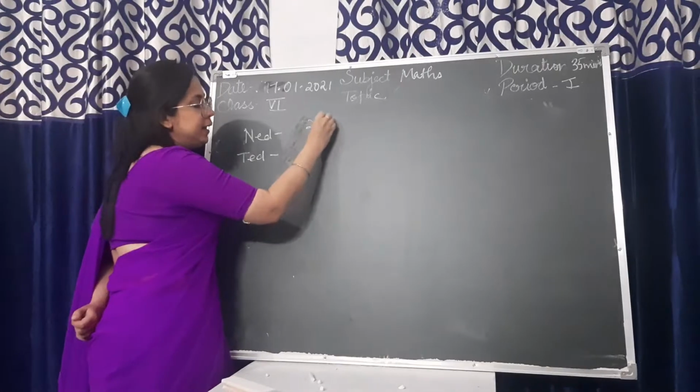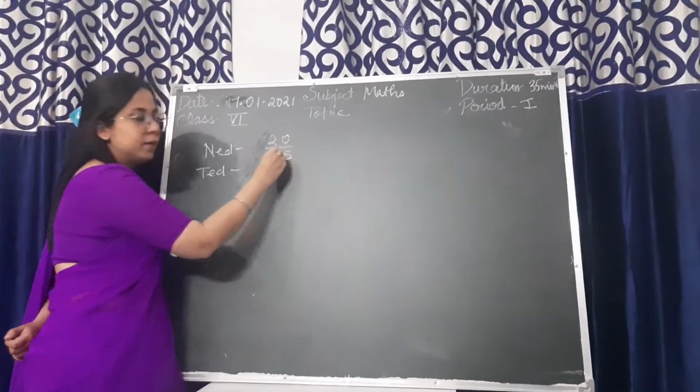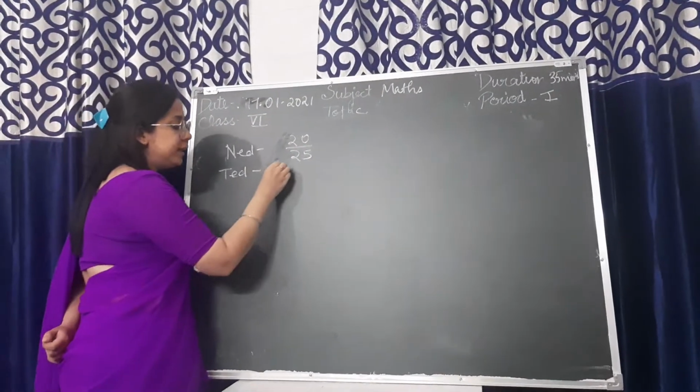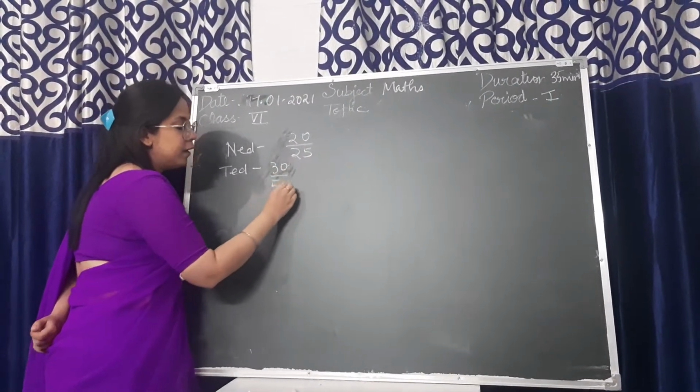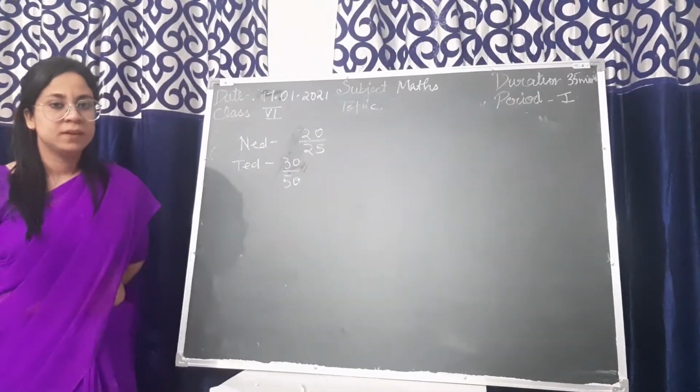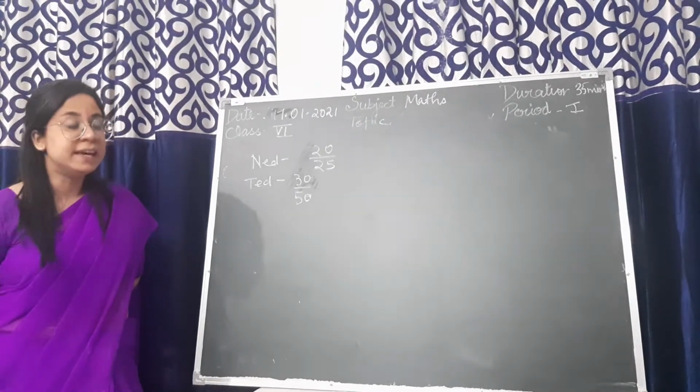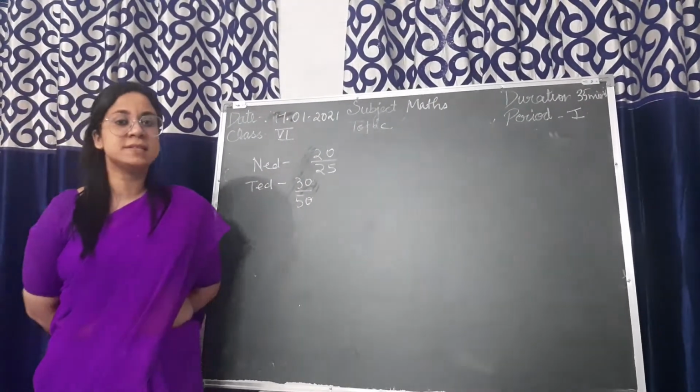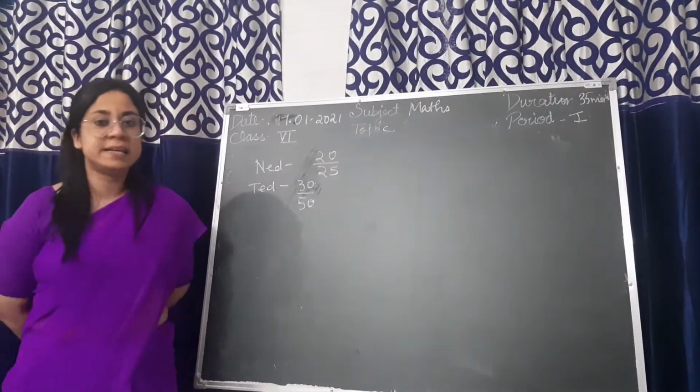So suppose if I give you that information also, that Ned scored 20 out of 25 and Ted scored 30 out of 50. Now will you be able to decide who scored better? No, ma'am, because maximum marks are different. Yes, now the problem is that they are not having the same maximum marks.